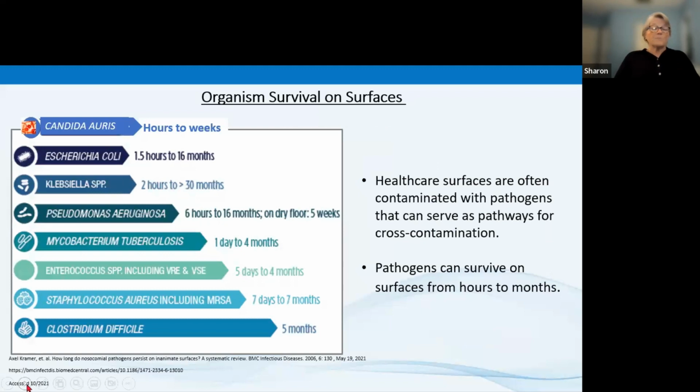Now, hands are what make organisms mobile. Organisms can survive on surfaces for long periods of time. And if you look at this slide, you can see their survival times. For example, E. coli, they're bacteria that are found in the environment, food, and intestines of people and animals. And although most strains of E. coli are harmless, others can make you sick.